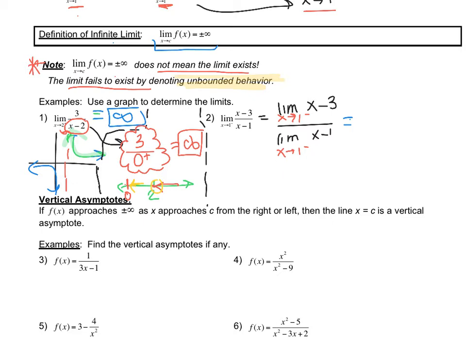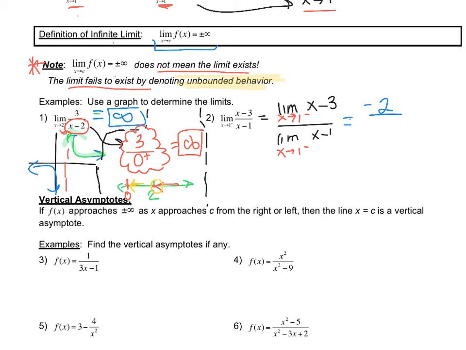So that would just be -2 in the numerator. The issue comes with the denominator, because when x approaches 1 in this denominator, 1 minus 1 is 0, and then I would be dividing by 0, which is typically an issue. But because this is one-sided, I'm approaching 1 from the left, we need to think about the result, which is definitely approaching 0. What is that going to do to this result when I divide -2 by this decimal down here?